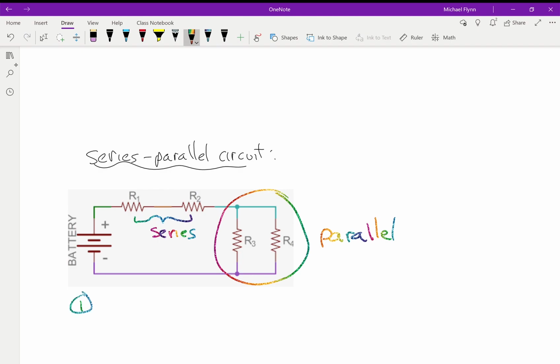Step 1: identify the parallel part of the circuit.